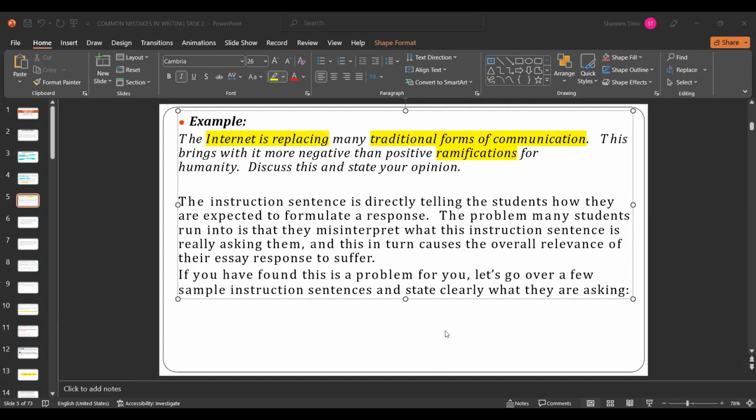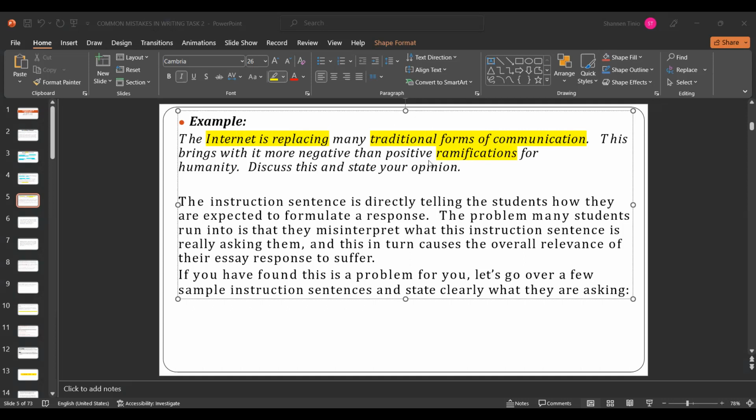Meaning, you would definitely understand that a ramification is something that entails internet replacing traditional forms of communication. Okay?